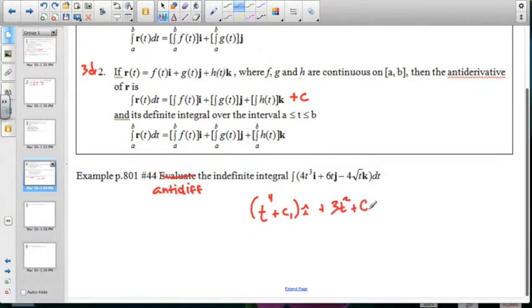And I'll give that its own constant. So there's our constant in the y direction, or the j component. And then this is of course minus 4t to the half. So bumping this up is 3 halves, and dividing by 3 halves, this might take a little more thinking. Minus 4 divided by 3 halves is the same as saying minus 4 times 2/3, so we get a minus 8/3.